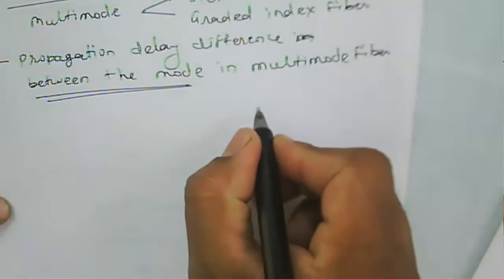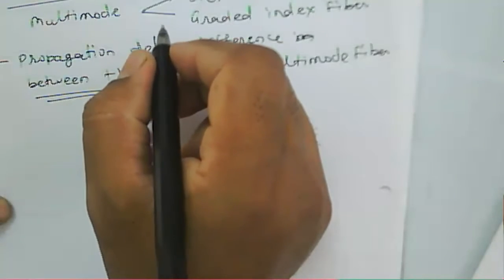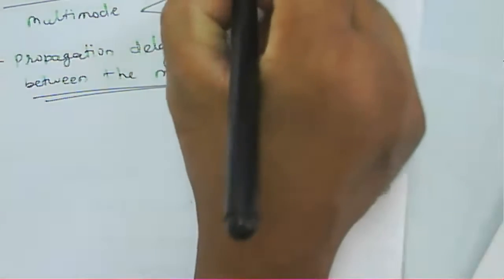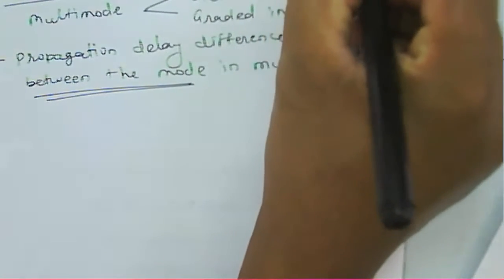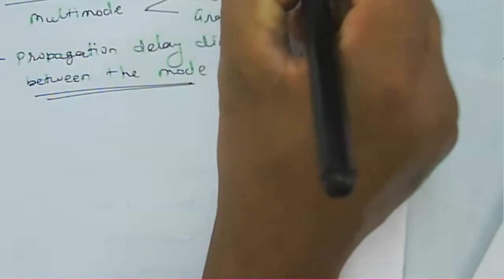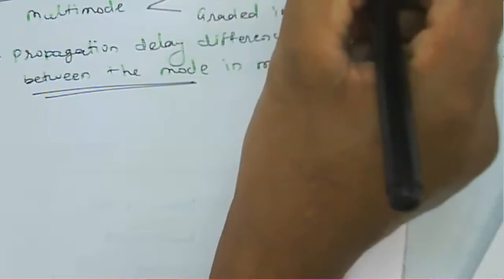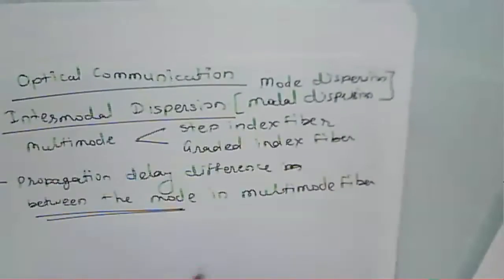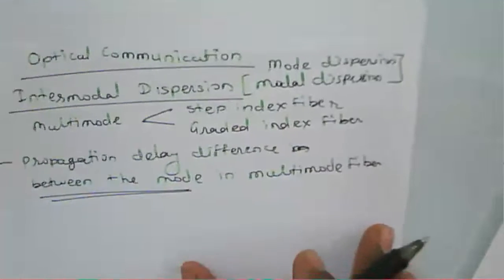And sometimes this intermodal dispersion is called modal dispersion or mode dispersion, because various modes are there, and because of those modes, the dispersion occurs. So that's why it is called mode dispersion or modal dispersion.